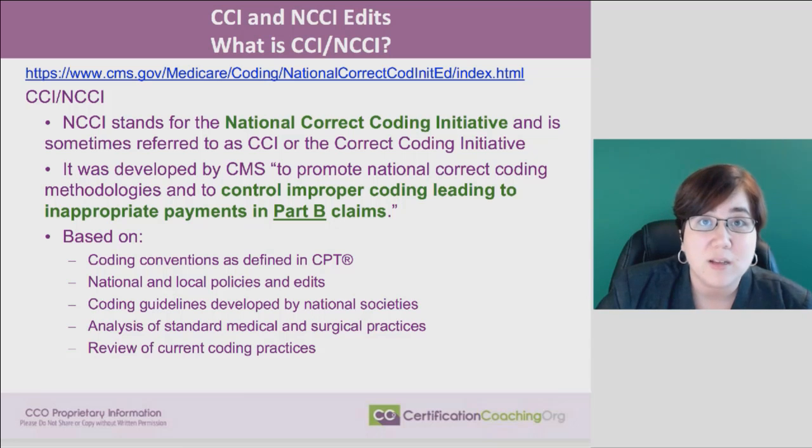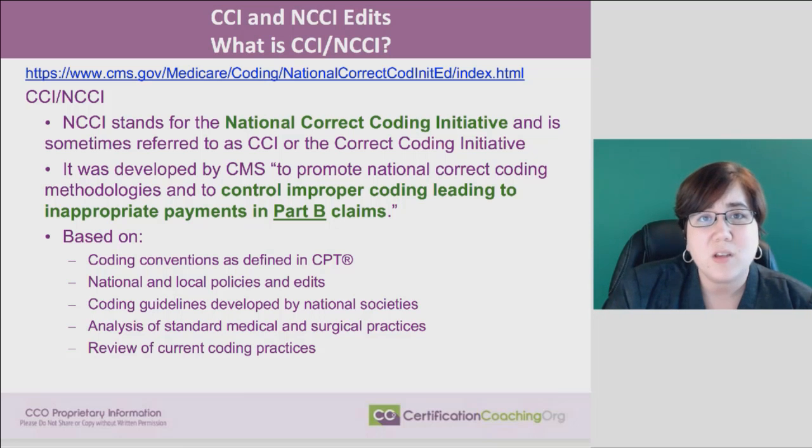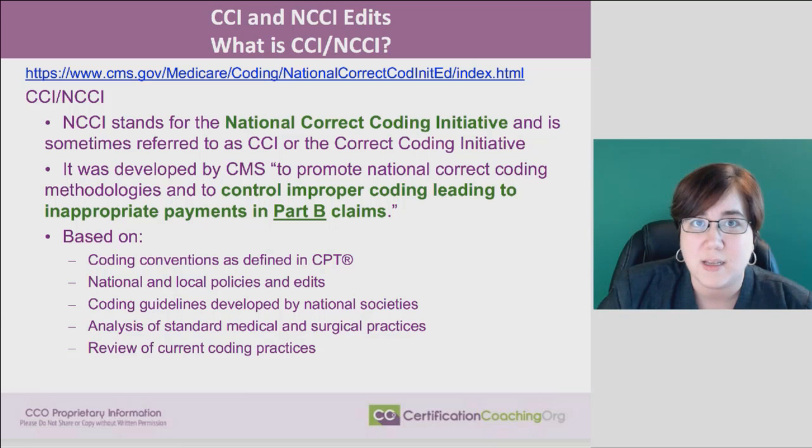These coding guidelines also include anything that's been developed by the national societies. Things like the American Psychiatric Association or the American Association of Orthopedic Surgeons. They put out their own guidelines and policies as to what they feel is included in a service. And oftentimes those are things that CMS has looked at in determining, okay, is this part of this one CPT code or can they bill it separately? They've also conducted an analysis of standard medical and surgical practices. So they've looked to see what is consistently done.